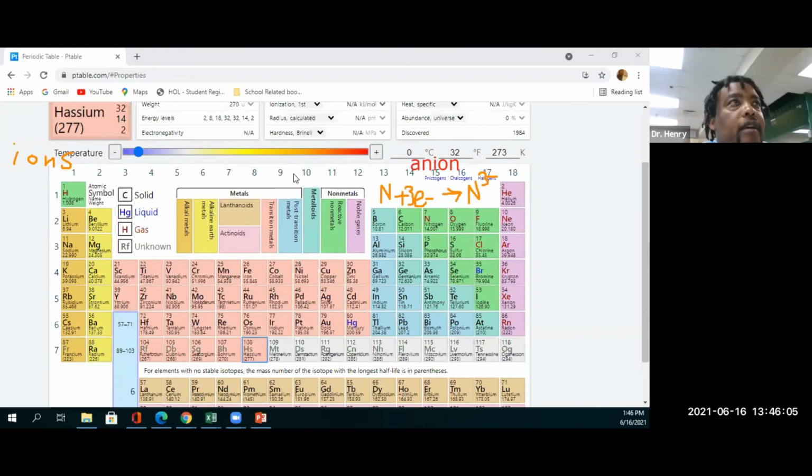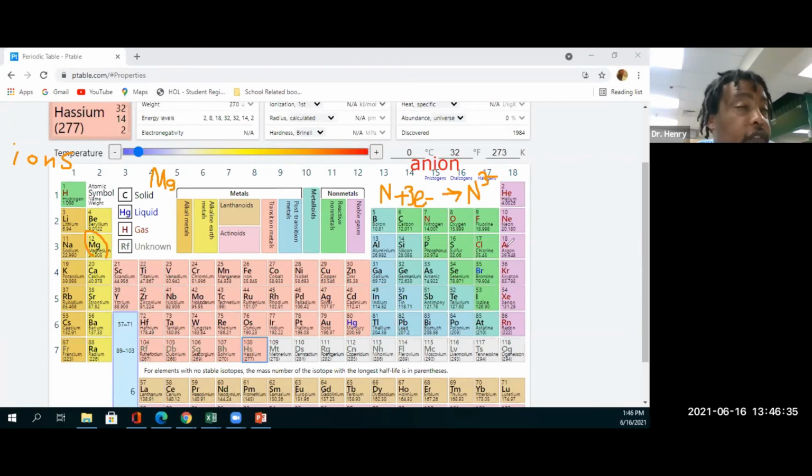Now, if we go over on the other side of the periodic table, we get something like magnesium, Mg. The nearest noble gas to Mg is what? It's right here. This is where it's located. So if we go back, we got 1, 2 to be like neon, or we can go 1, 2, 3, 4, 5, 6 to be like argon.